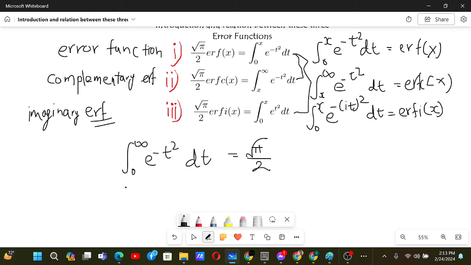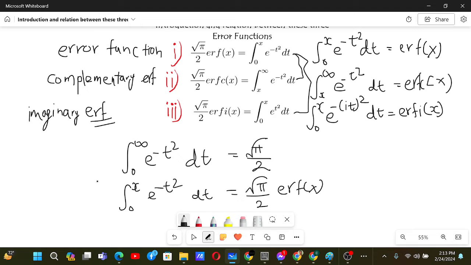So if from 0 to x we write this function as root pi by 2 times erf of x, the value of erf x will go from 0 to 1 only.